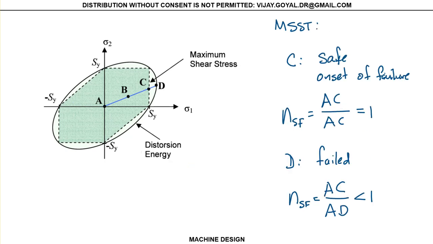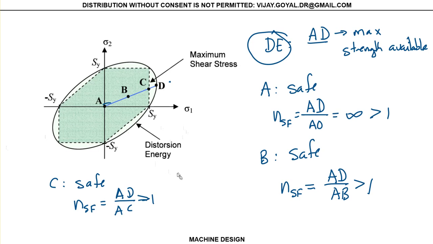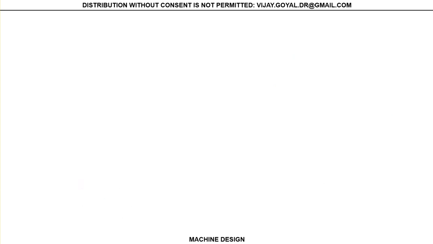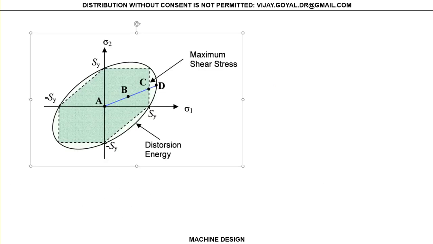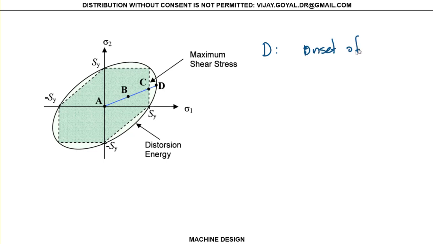It's all bigger than 1. And then if I go to point D, what happens at point D? Point D, now I have the maximum, it is onset of failure. It is still safe.